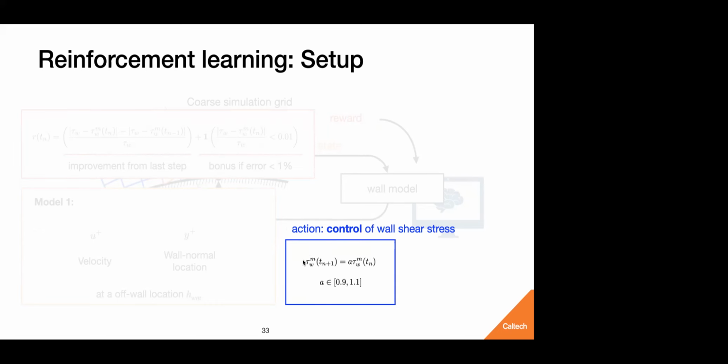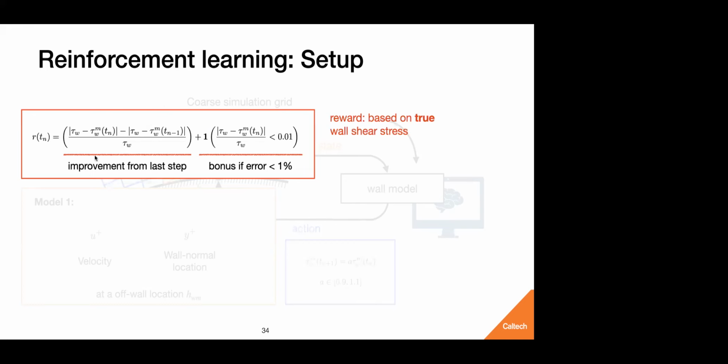We've set some bounds for the actions, but once we've trained it, we've realized that these edge cases are never really reached. So this is just a safety feature to make sure that things don't change too abruptly. But the idea is to turn this knob to either increase or decrease the wall shear stress.